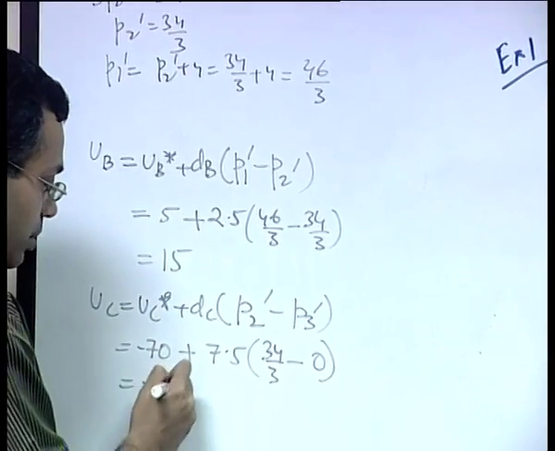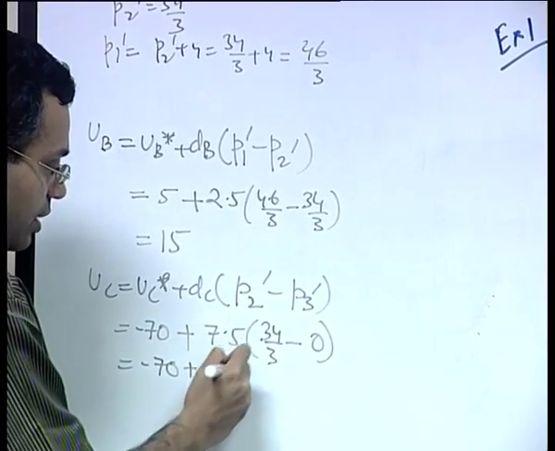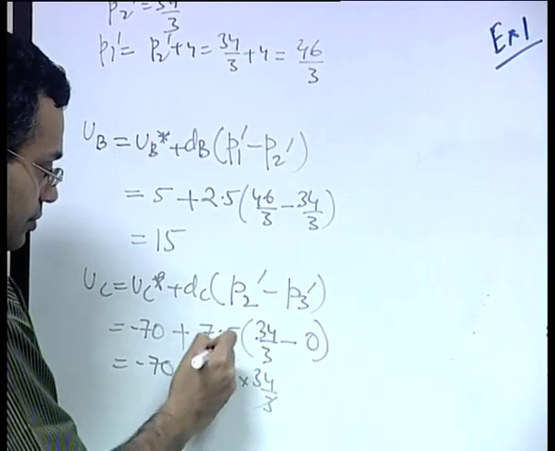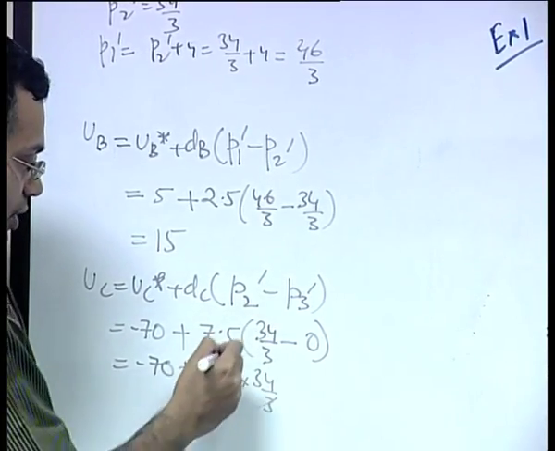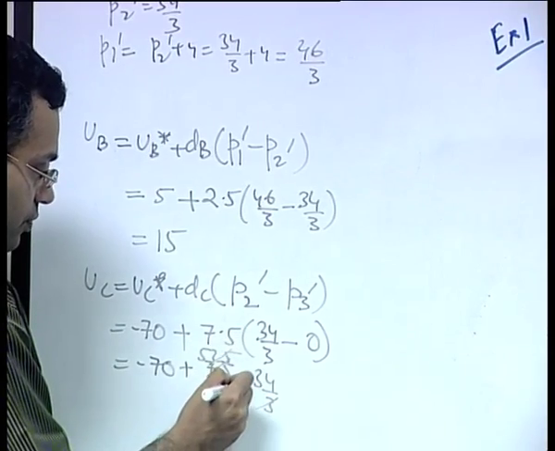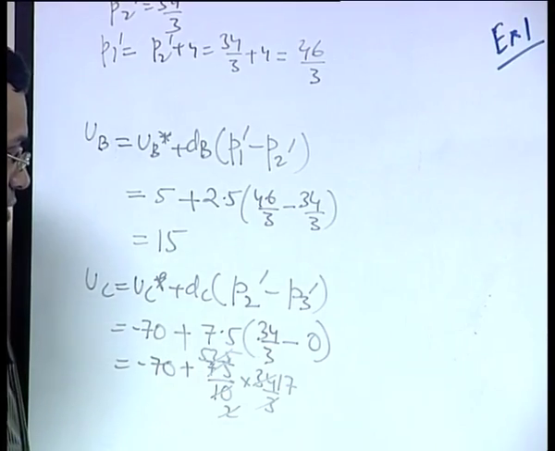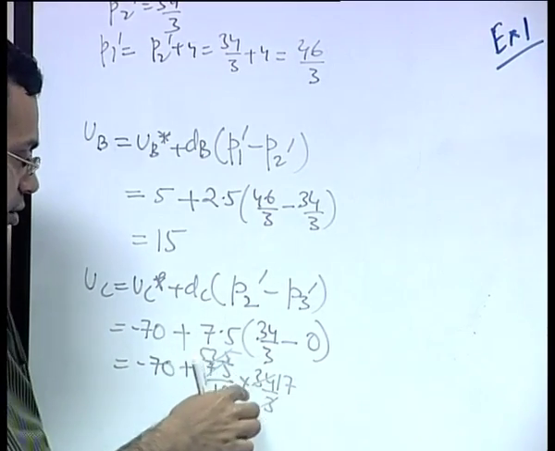So, let us just simplify it a bit. 75 by 10 into 34 by 3, 25, 5, 17, 15.